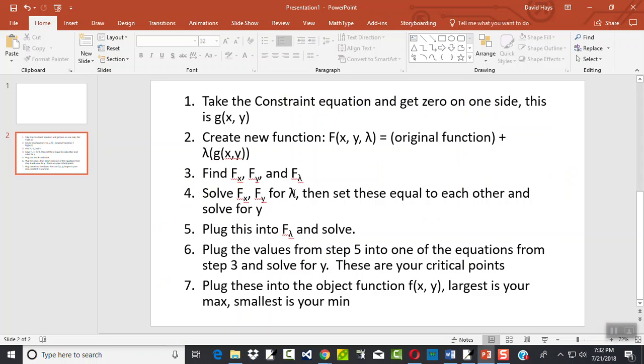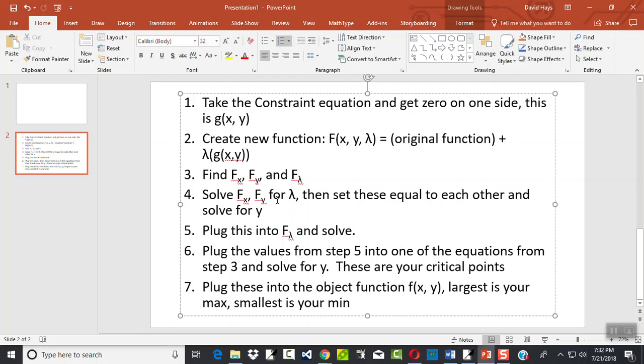I didn't say that, but you should set them equal to 0. This is like version 1. So set these both equal to 0.